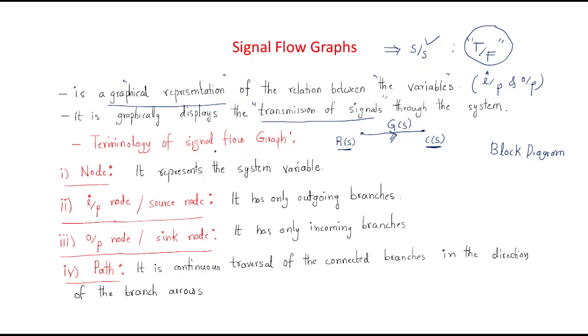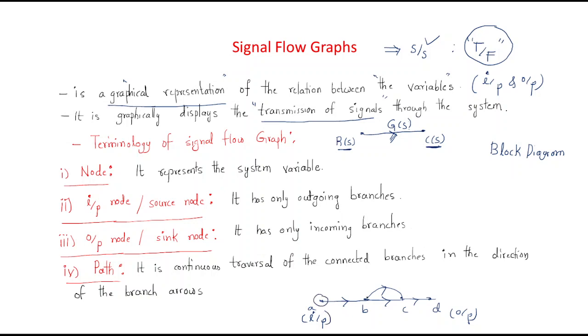In a signal flow graph we have some terminology. The first is the node. A node represents a system variable. For example, one signal flow graph is like this: A, B, C, D. These are the nodes, connected by paths.